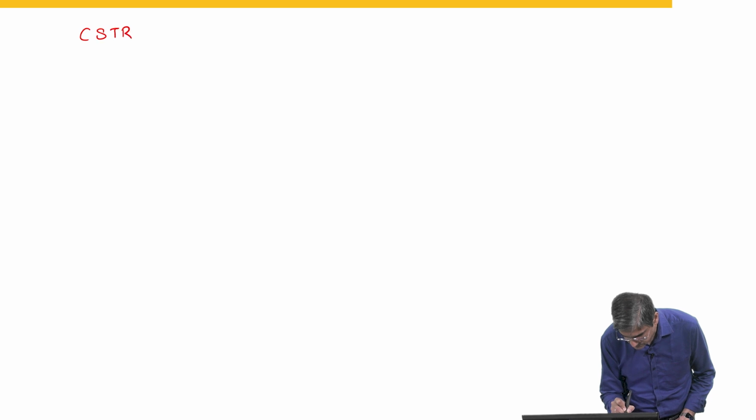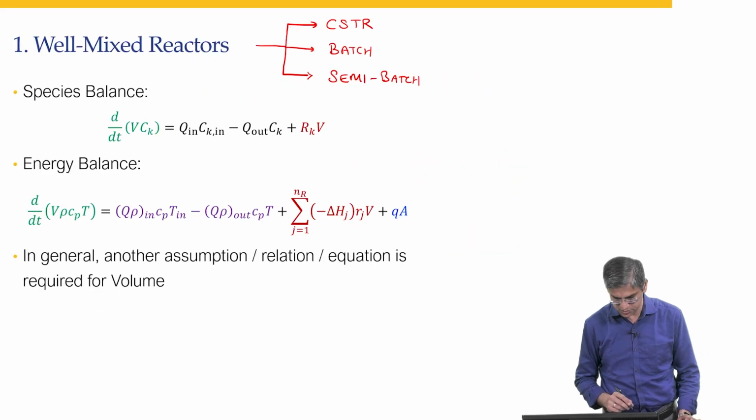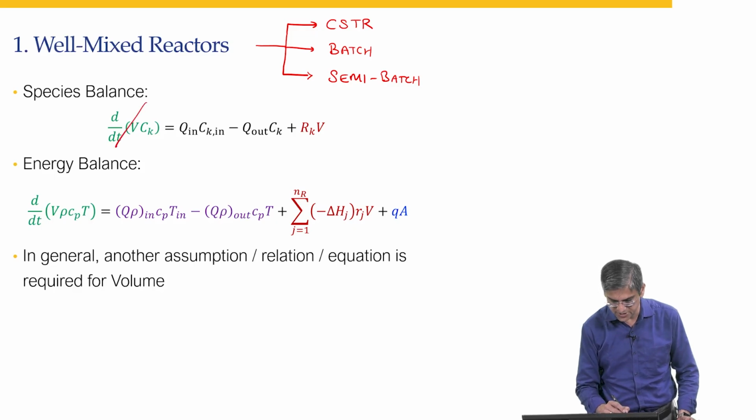When it comes to CSTR under steady state, you have your species balance, where because it's steady state, you don't have the d by dt term.